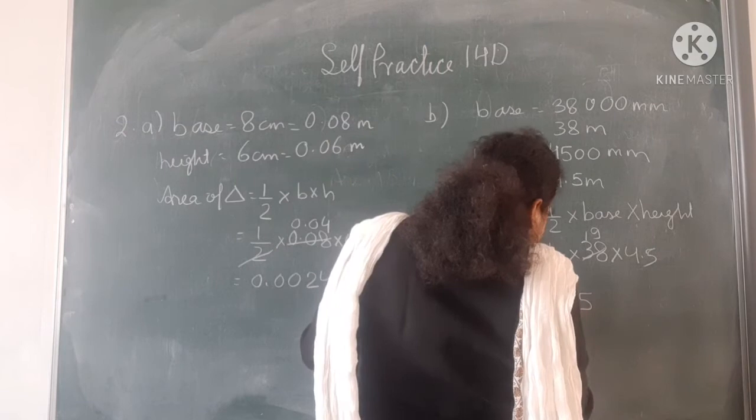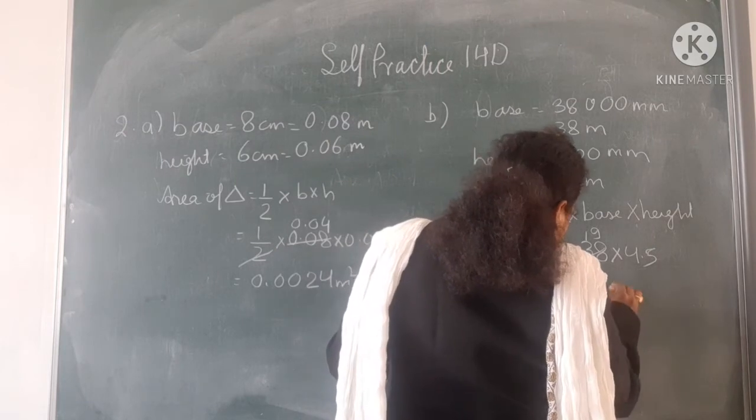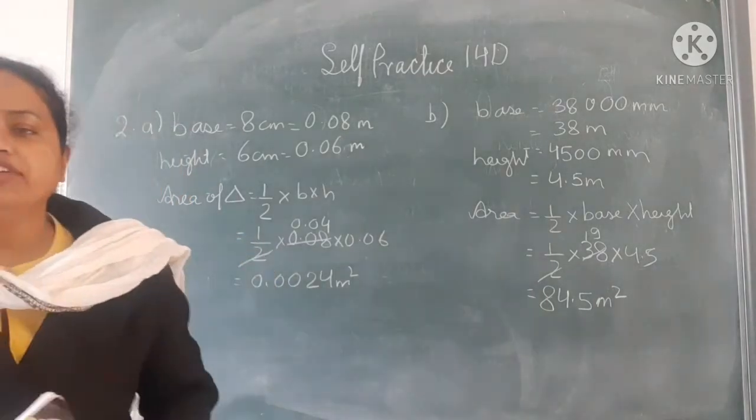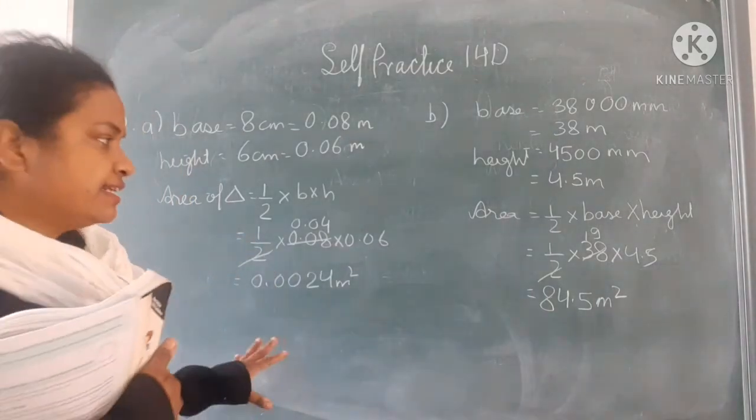So you will get it as 85.5 meter square. So what will be your answer? 85.5 meter square.